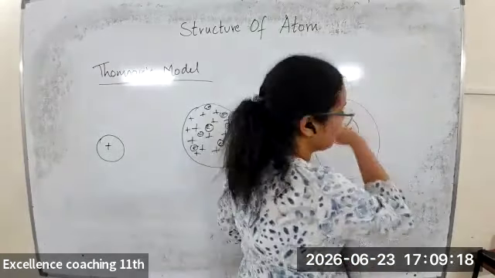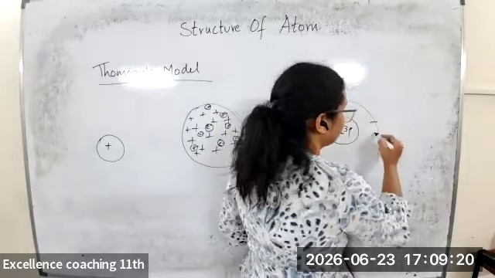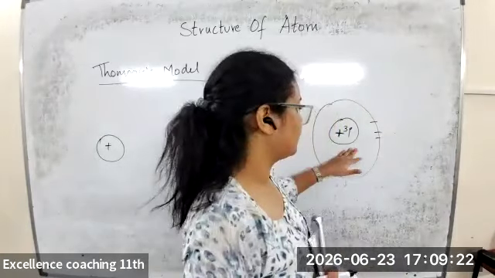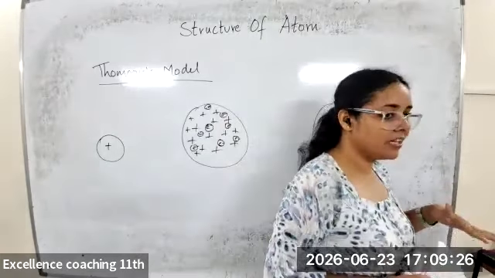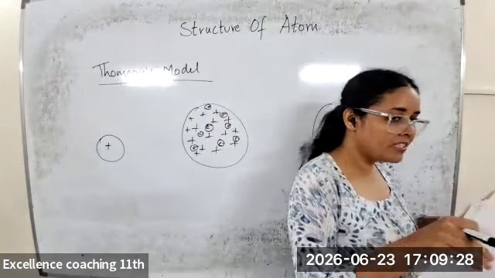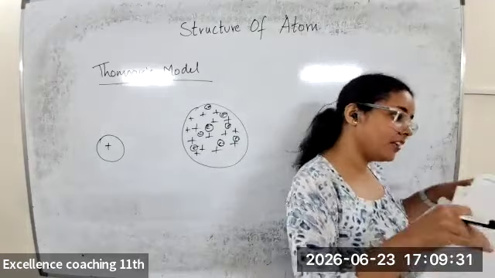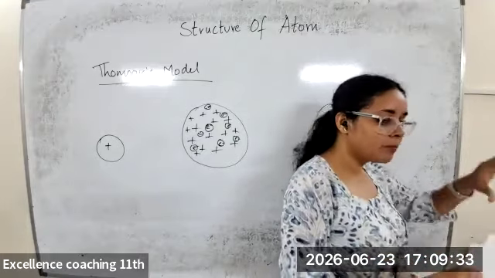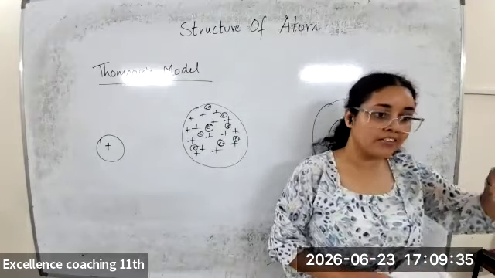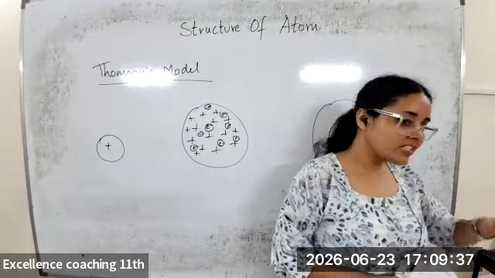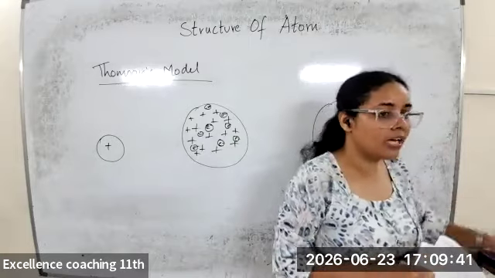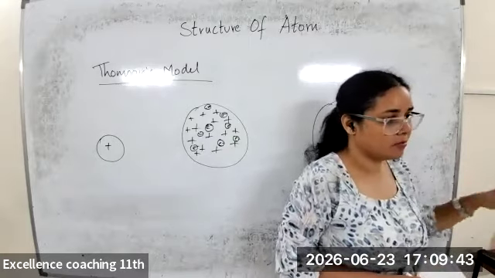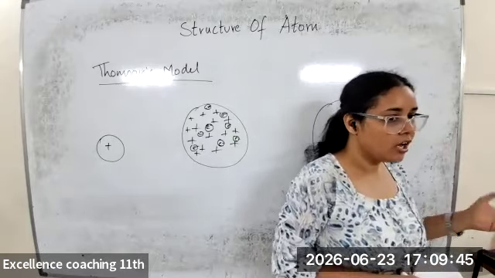Then surrounding it, you should also have three negative charges. This should balance, because three positive and three negative will be null. It should balance out each other. Only if it balances will that atom be stable and remain intact. Or else, if the charges are not balancing, it will collapse, and you won't have an atom in nature.